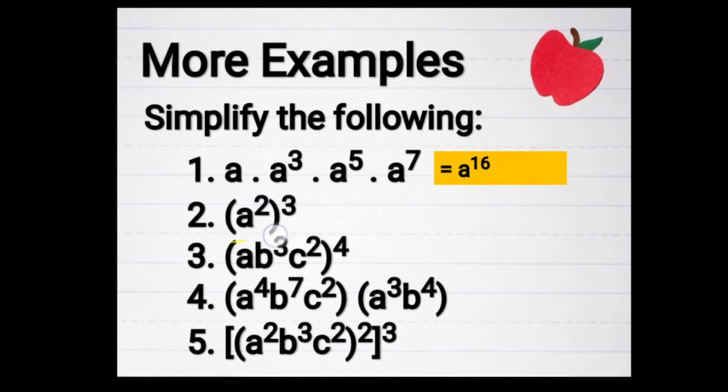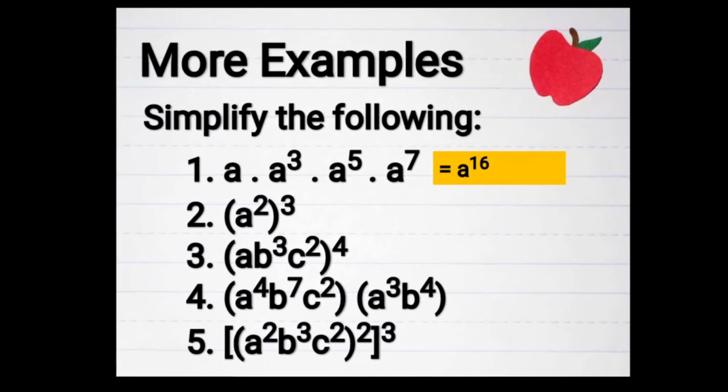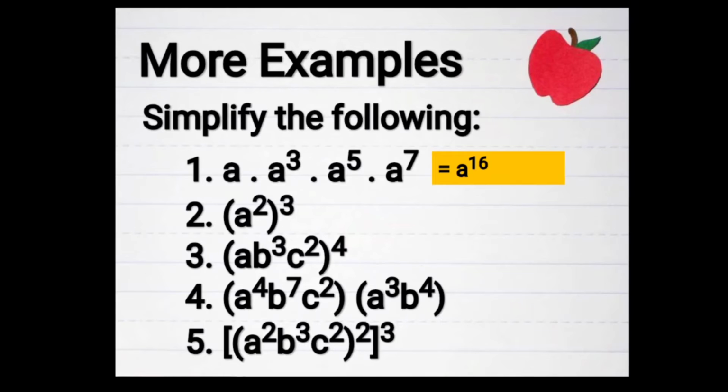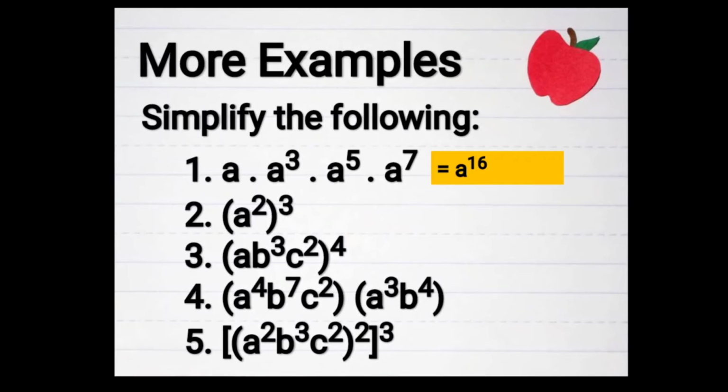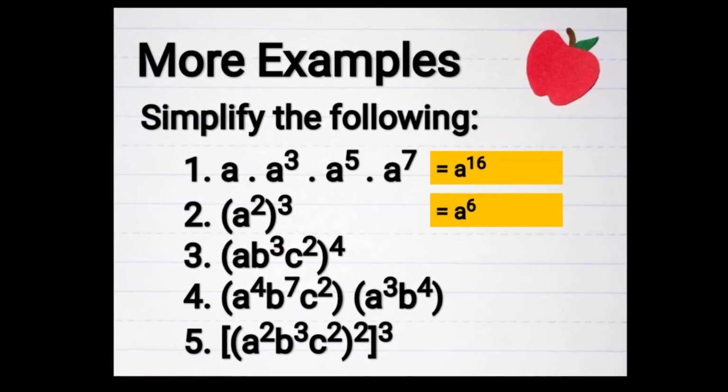Because there is no operation inside the parentheses. So in this case, let's multiply based on the second law. We have to multiply the outer exponent and the exponent inside the parentheses. So copy the base a, then multiply 3 times 2. And the answer is a raised to the sixth power.